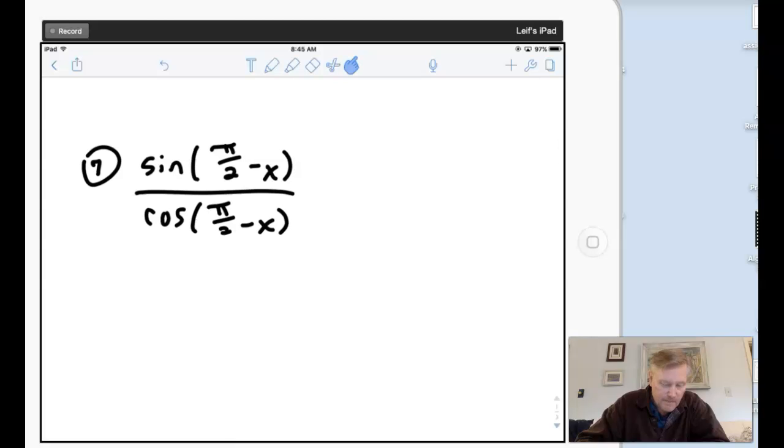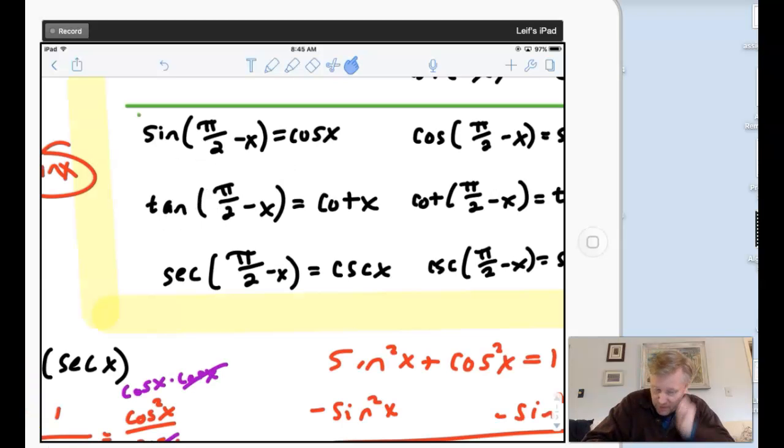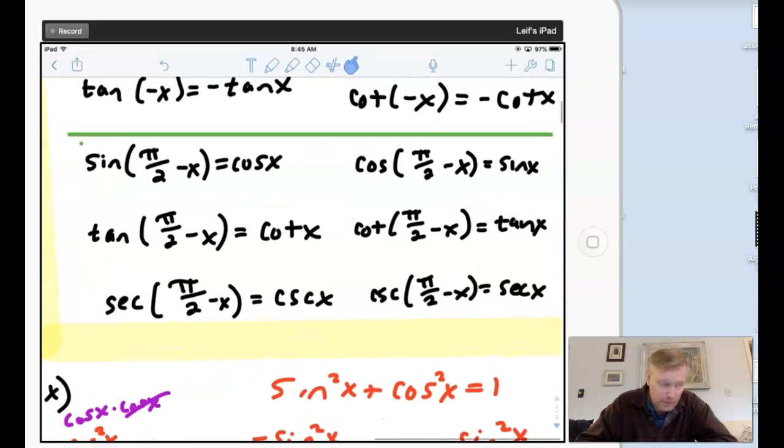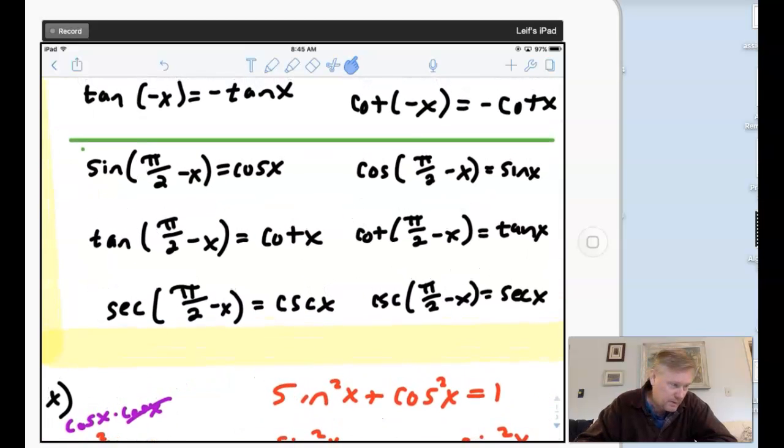Next, number 7. Sine of pi over 2 minus x. So if I'm looking back at my formulas, I see there's a sine of pi over 2 minus x, which is the same as the cosine. And if I look at cosine of pi over 2 minus x, I see that's the same as the sine.